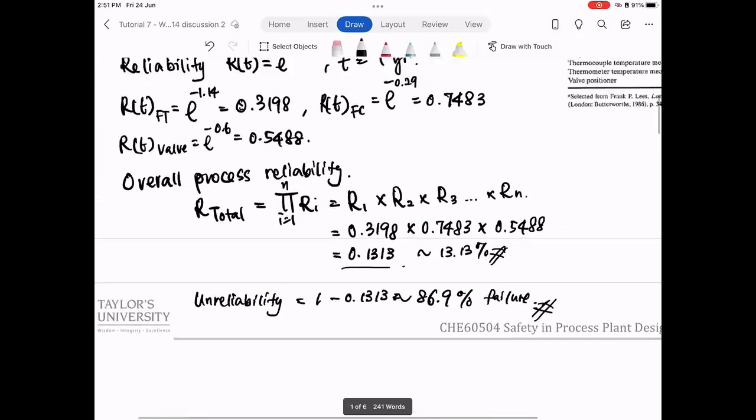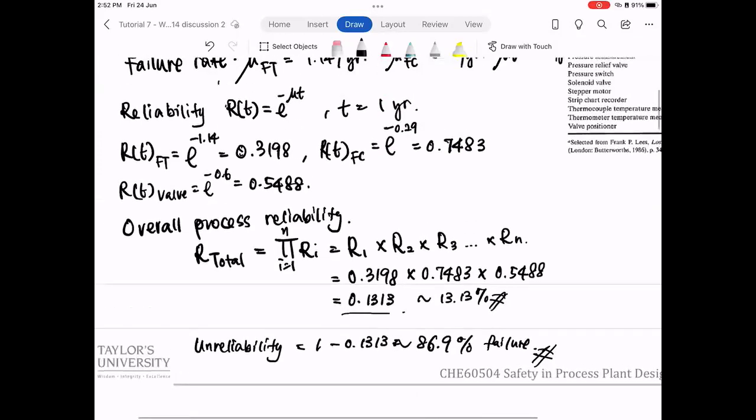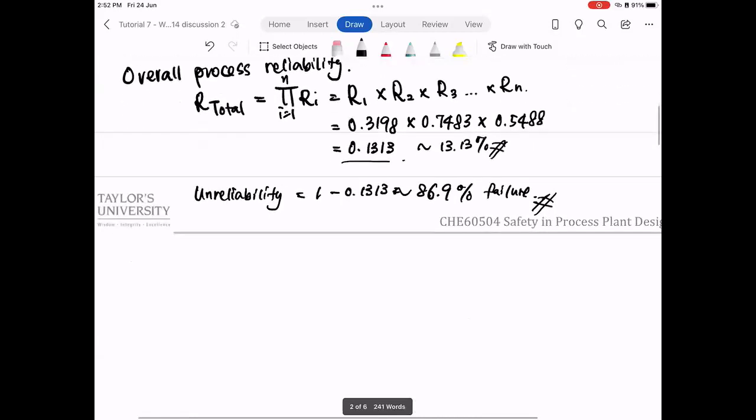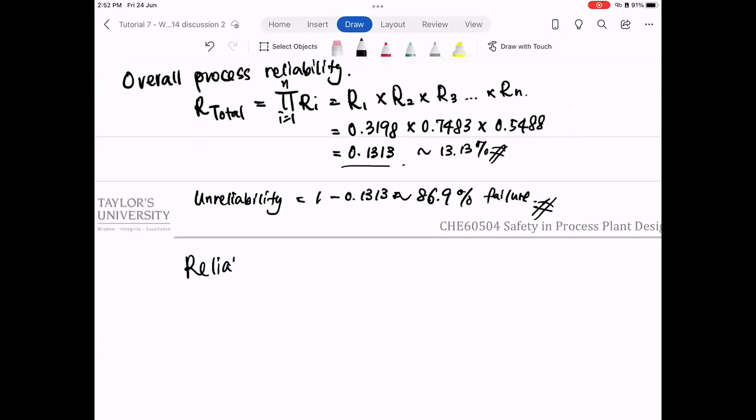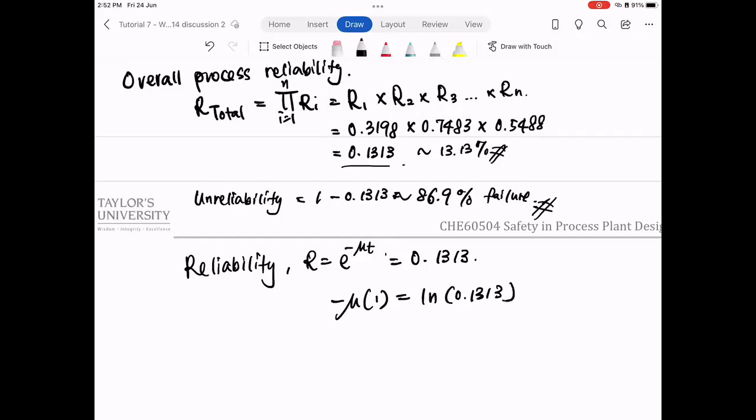So again, as we already mentioned, the reliability is R(t) equals exponential to the power of negative mu t. So we have this R(t) as 0.1313. We know this is a 1 year period, so we have ln 0.1313.